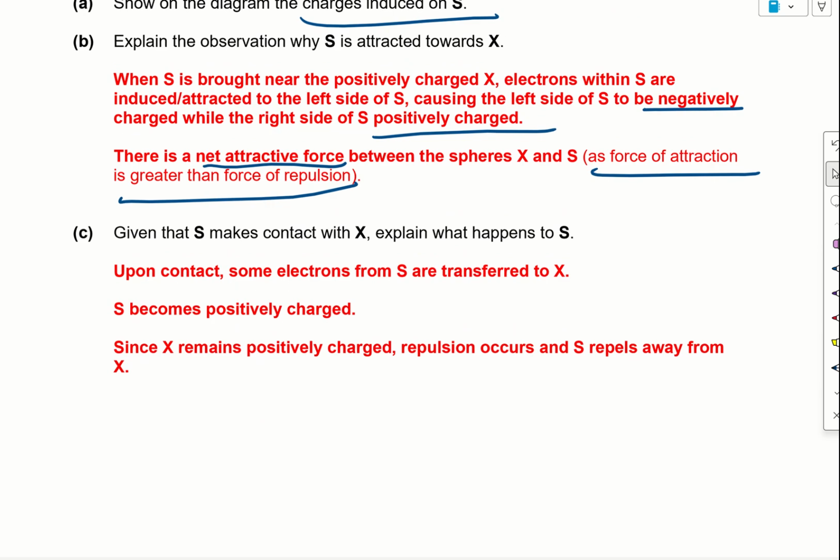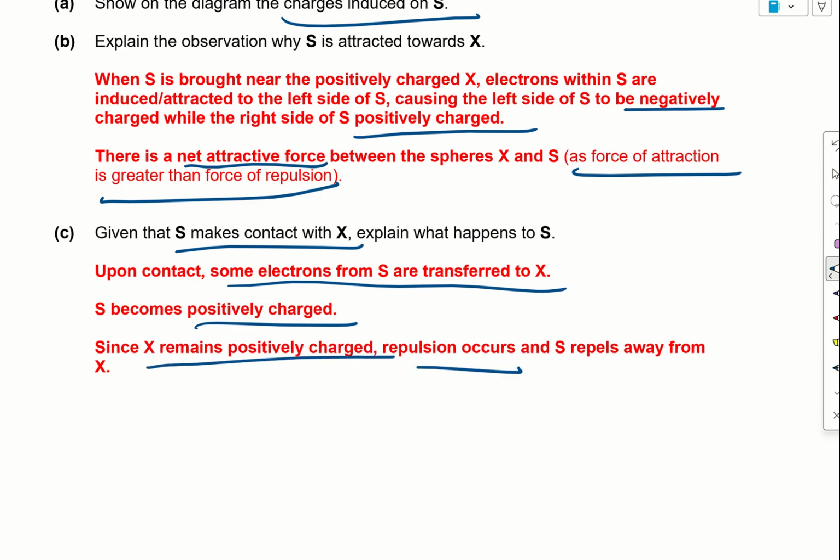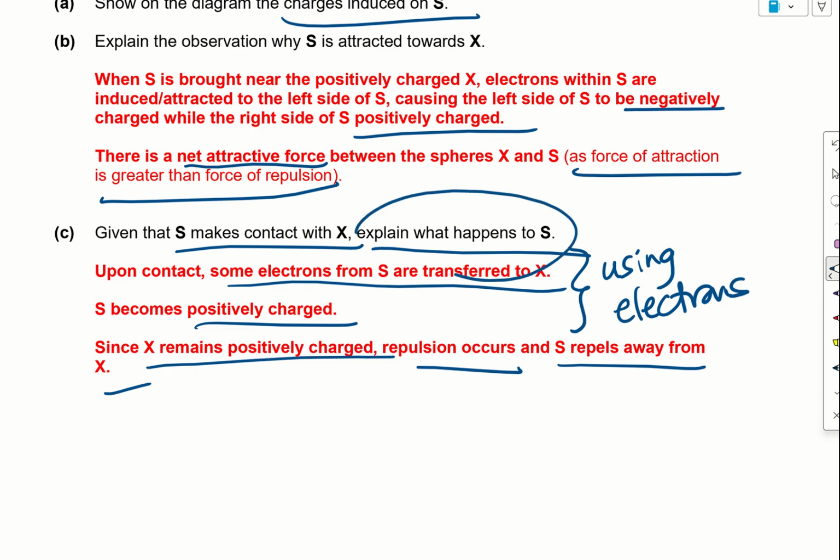Now part C, given that S now makes contact, explain what happens to S. Upon contact, some electrons from S are transferred to X. S becomes positively charged, and since X remains positively charged, repulsion occurs and S repels away. So in this part, you are explaining using electrons, the motion of electrons, the transfer of electrons, but in the end, you still need to explain what happens to the object.